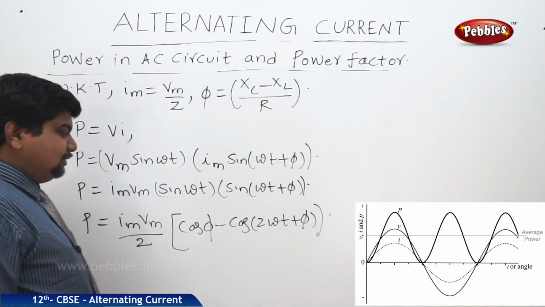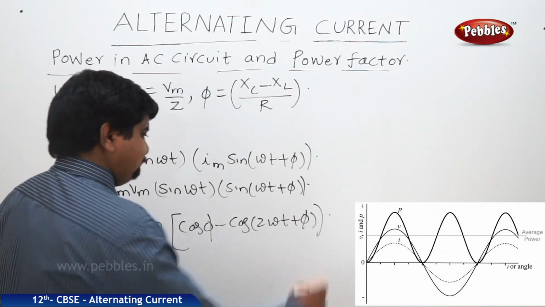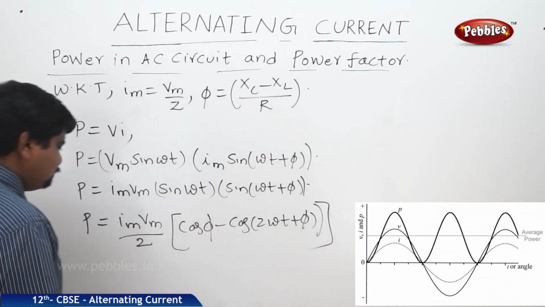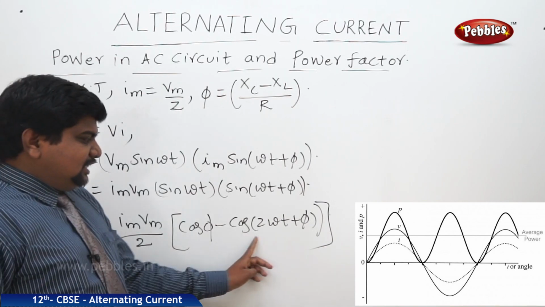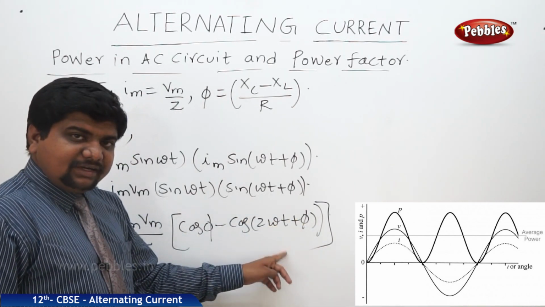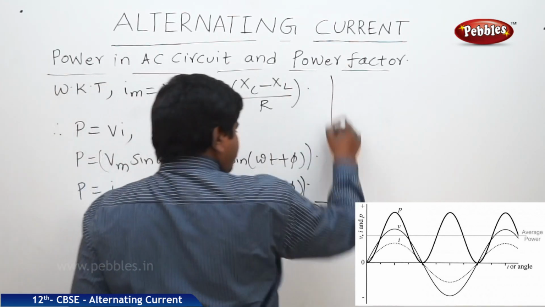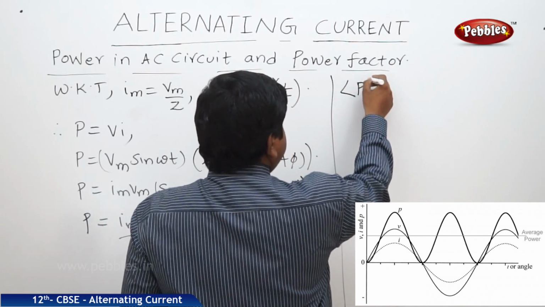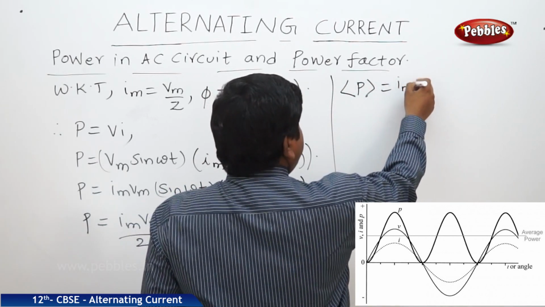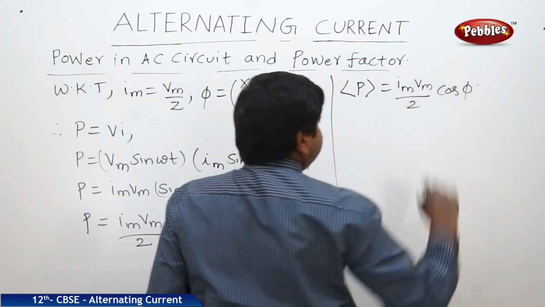Cos A minus B minus of cos A plus B. So this is the expression. So see the second term, cos 2 omega t plus phi. This term is dependent on time. The average value of this term will be 0. Therefore we can write average value of P is equal to Im Vm by 2 cos phi.